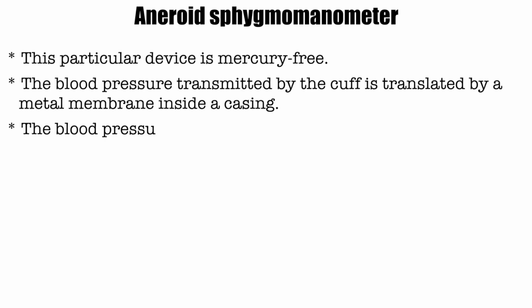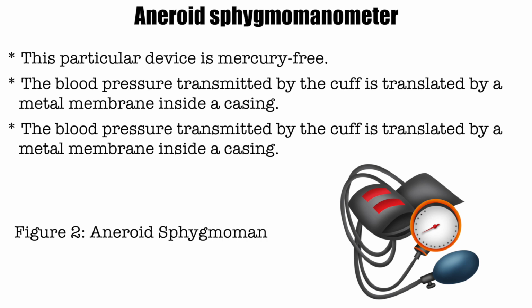So another option which replaces the mercury column is the aneroid sphygmomanometer, which is shown in the figure. This particular device is mercury free. The blood pressure transmitted by the cuff is translated by a metal membrane inside a casing.